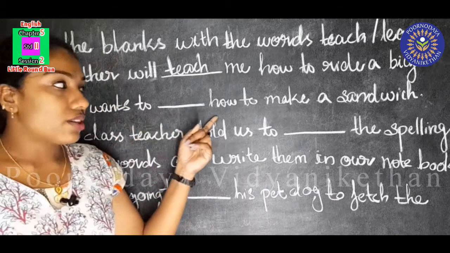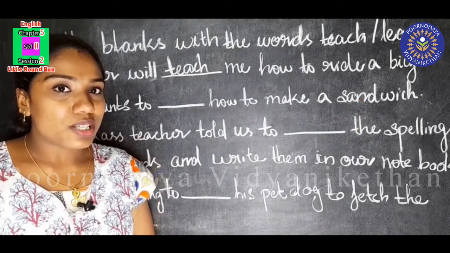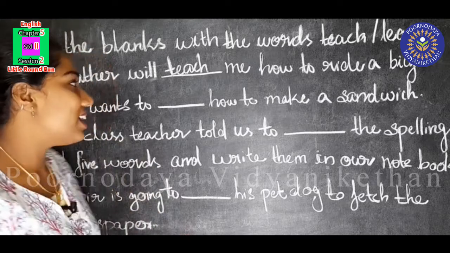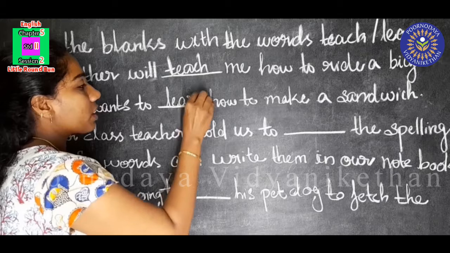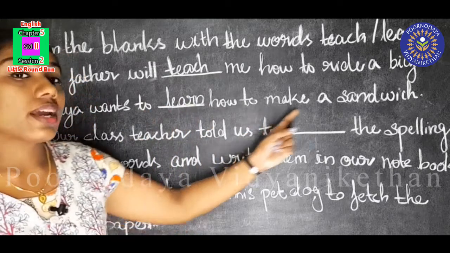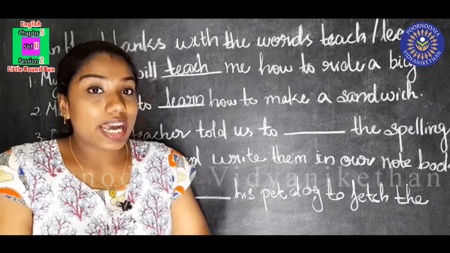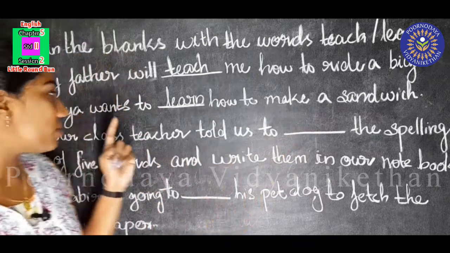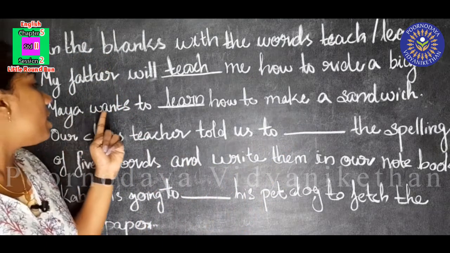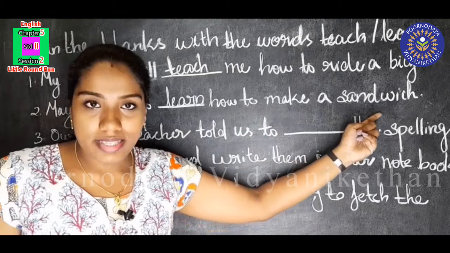So Maya wants to learn how to make a sandwich. Maya wants to get the knowledge how to make a sandwich. So we'll read this. Maya wants to learn how to make a sandwich.